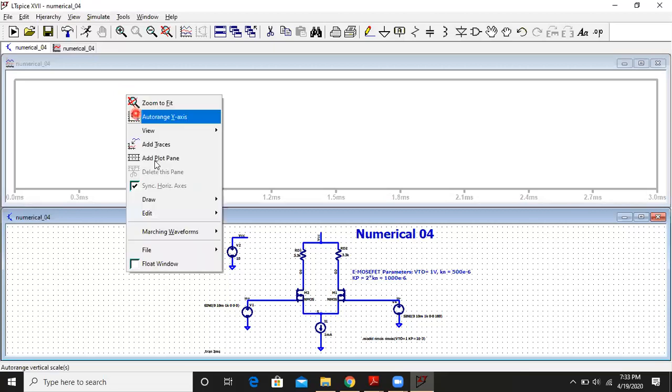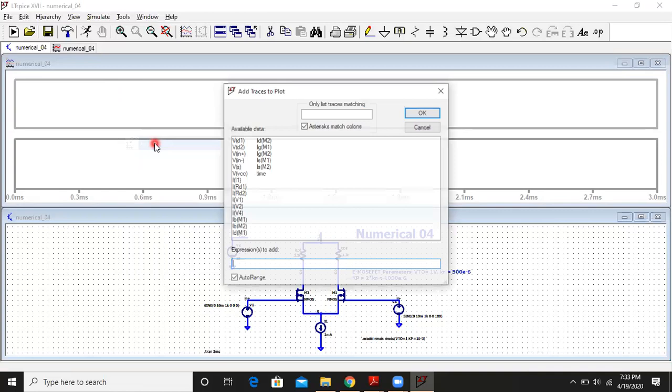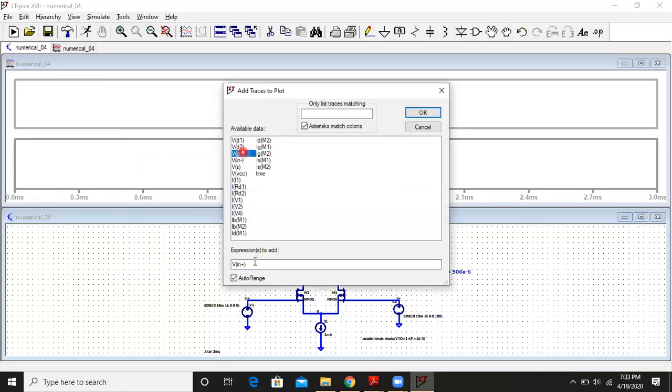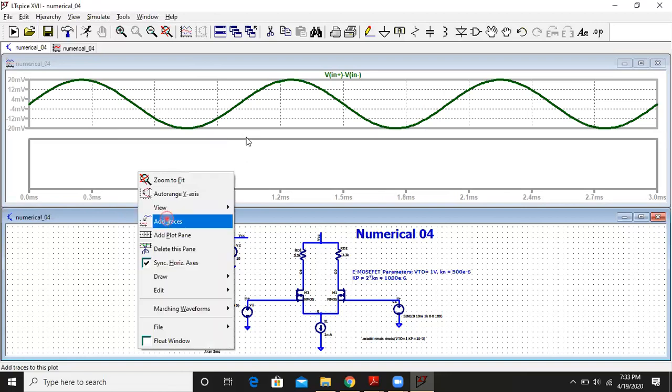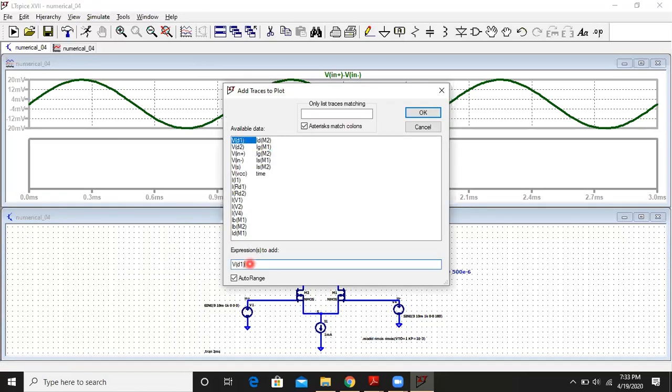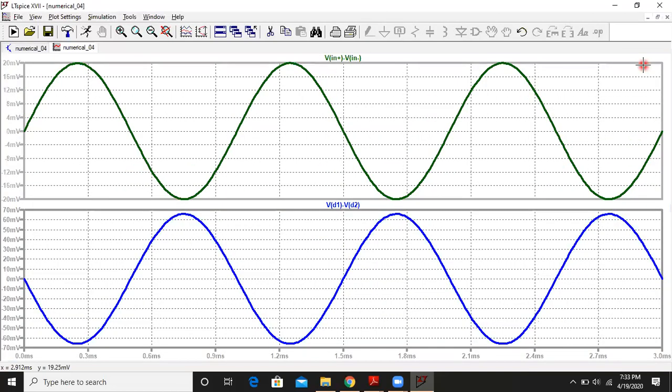I'll take 2 plot panes, one for the differential input and one for the differential output. My differential input is Vin plus minus Vin minus, plotted over here. Next, I will plot the differential output, that is VD1 minus VD2, as I've labeled it D1 and D2. So here are my differential input and differential output.